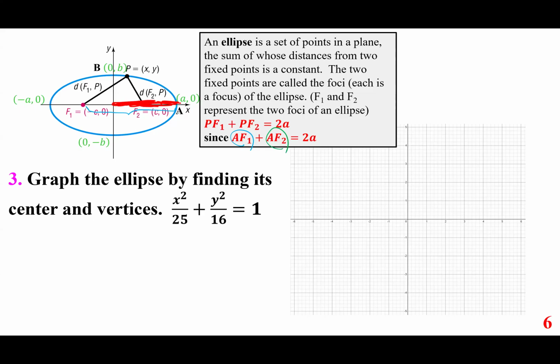AF2 is this distance, which is the same as this distance.